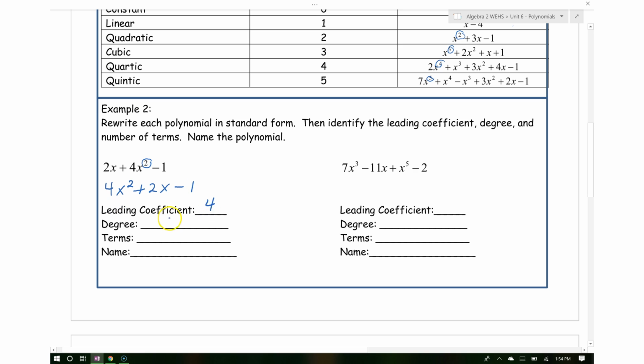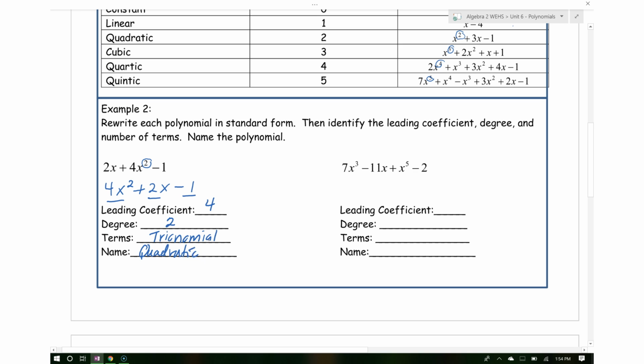And 2 is the degree. The number of terms, 1, 2, and 3, so that's going to be a trinomial. And since it's raised to the power 2, it's going to be a quadratic.